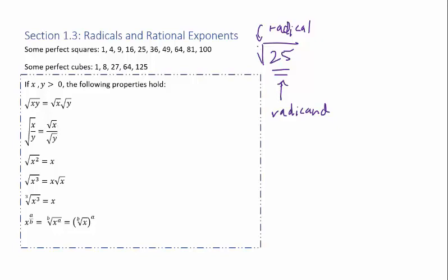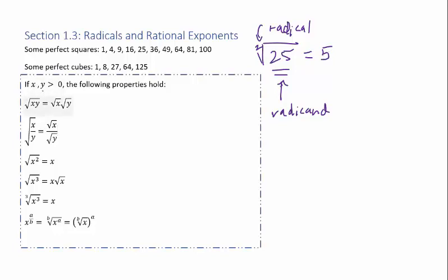In this case, it's a square root. We don't have to write a little 2 here, but we could. If it were a cube root, there would be a little 3, or a 4th root, etc. But what we're looking for is if the radicand is a perfect square, then we know that the answer is a rational number. In this case, just 5.